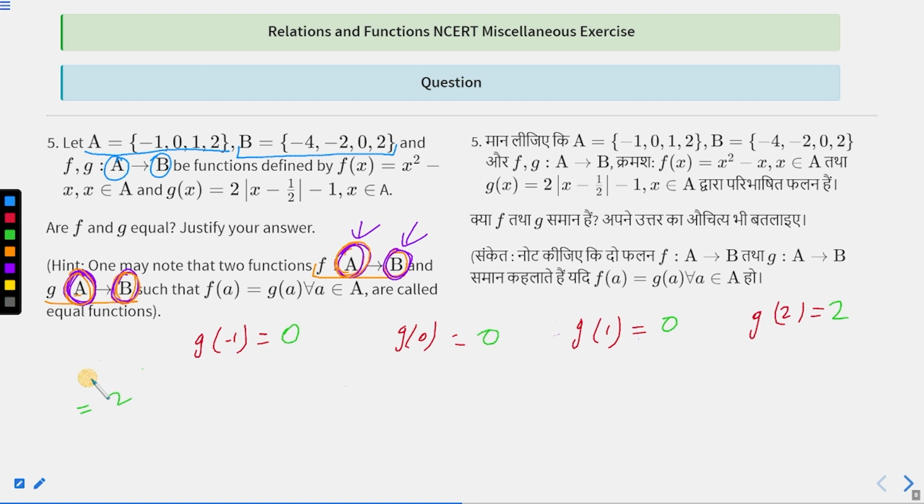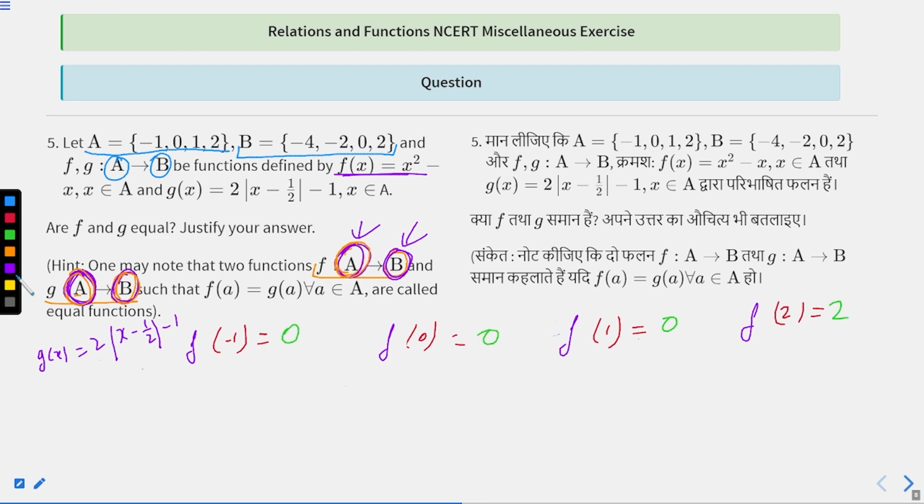Now let's evaluate for f. Sorry, this is for f. Okay, now it's time for g. g is equal to 2 times mod of x minus 1 by 2, minus 1.